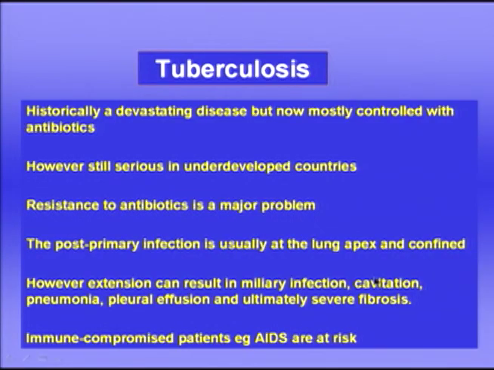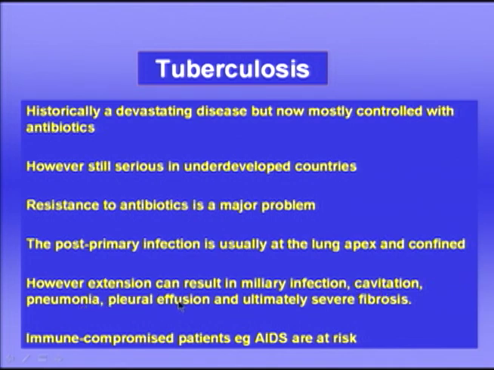But in the good old days, there used to be miliary infection from the initial infection. Cavitation very frequently occurred, and all sorts of terrible operations were developed to reduce the volume of the chest cage.